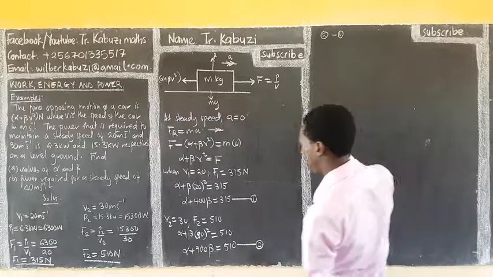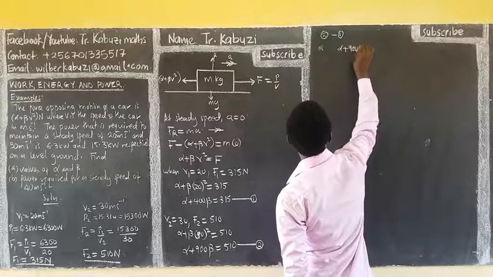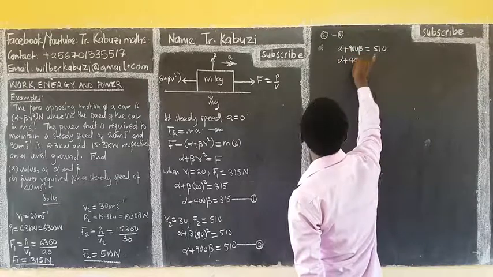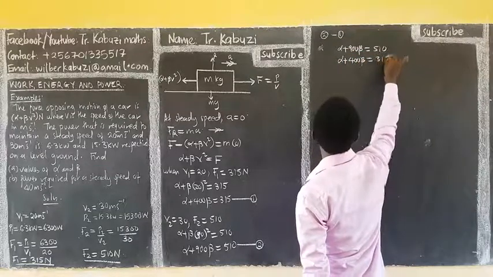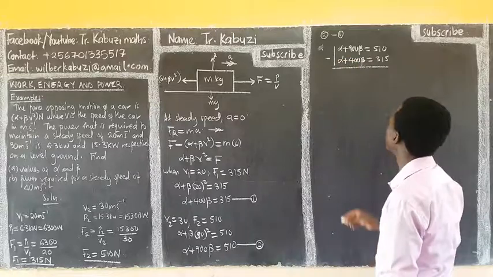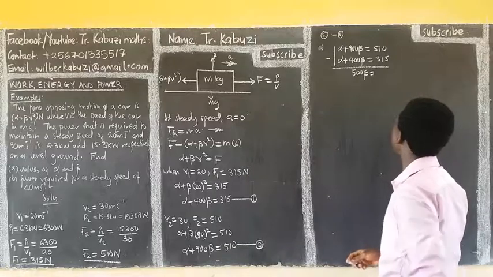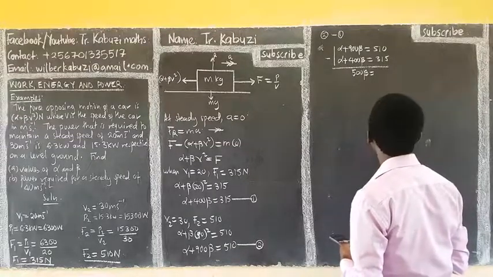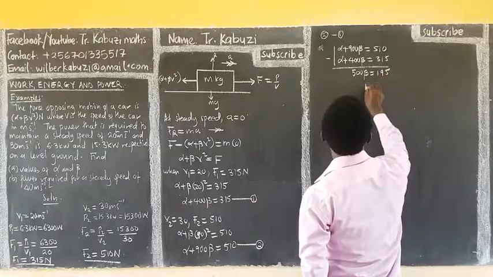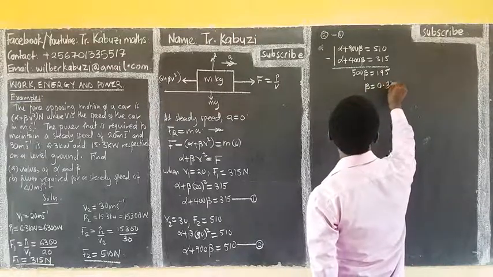Alpha plus 900 beta equals 510, and alpha plus 400 beta equals 315. Subtracting, alpha minus alpha gives 0, so this gives 500 beta equaling 510 minus 315, which is 195. So our beta is 0.39.